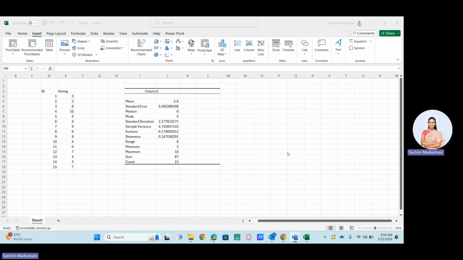All of you know how to insert any graph. There are recommended graphs and charts. First you identify the type of variables, then you can insert the particular chart into our report. What are the compulsory things?